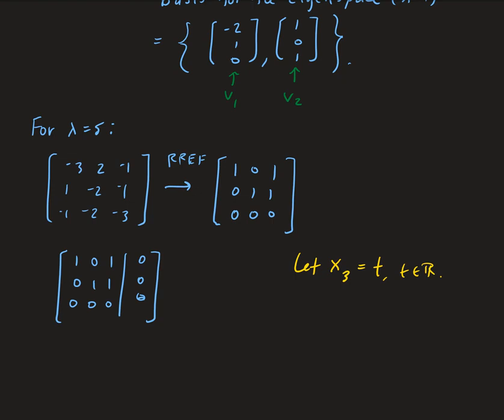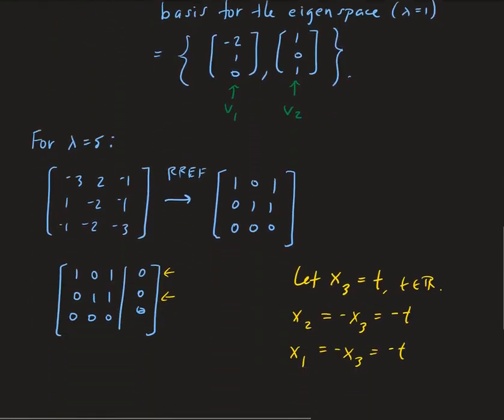Then x2 is going to be equal to minus x3, which means minus t. And x1 equals minus x3, which is also minus t.